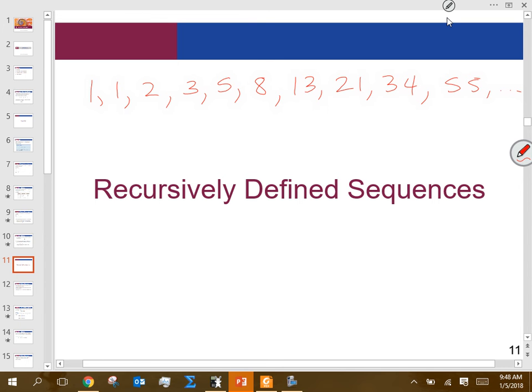What I really like about sequences and series is that there are a lot of things in nature that occur in regards to sequences and series. One thing I think is really interesting is how pine cones or sunflowers position their seeds.